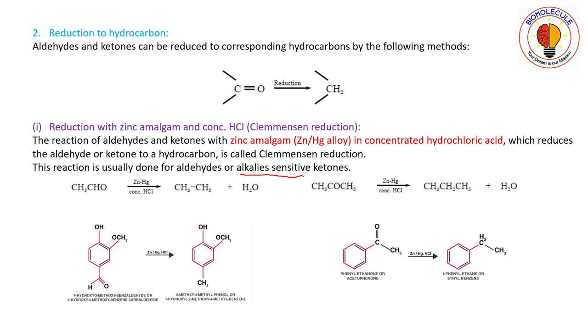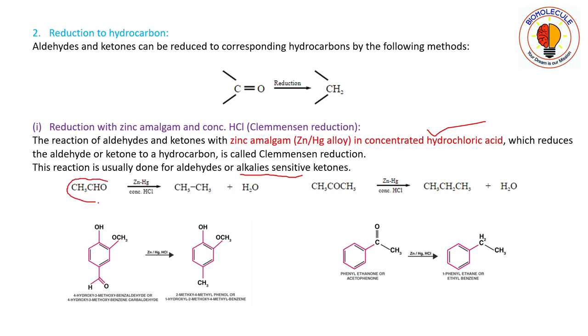And if the group is destroyed in acid medium, then it is acid sensitive. Since here we are using hydrochloric acid, that is pH will be less than 7 here. So the alkali sensitive ketones can be reduced to hydrocarbons in this method.